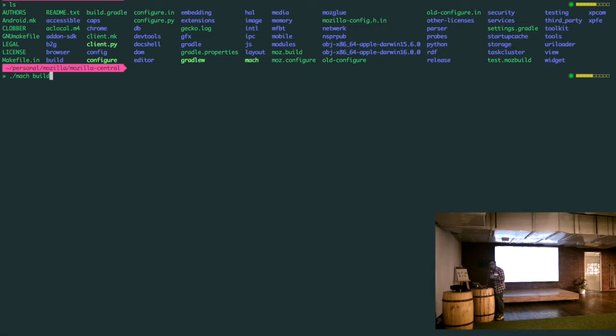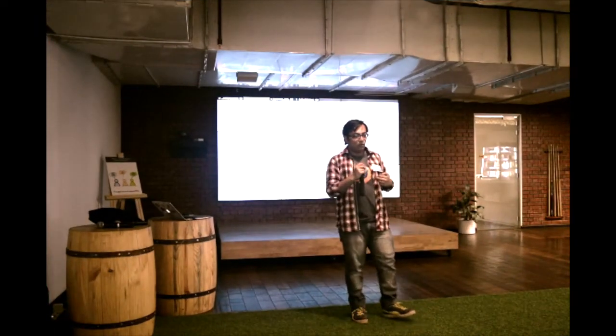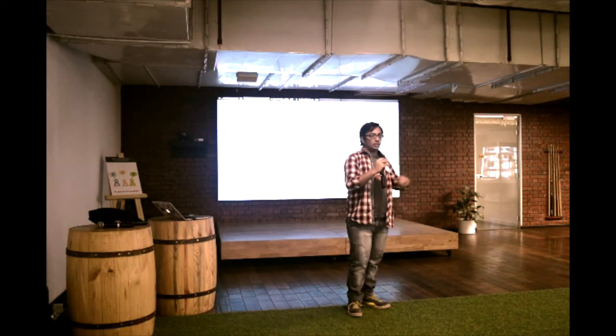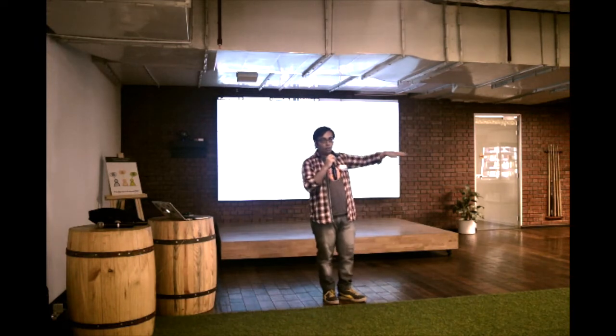You say mach build. So it would build the Firefox instance or InstantBird or whatever you are building. How do you decide which particular technology you want to build? If you say you want to build InstantBird, there is a special kind of file which is .mozconfig. You define specific options there.